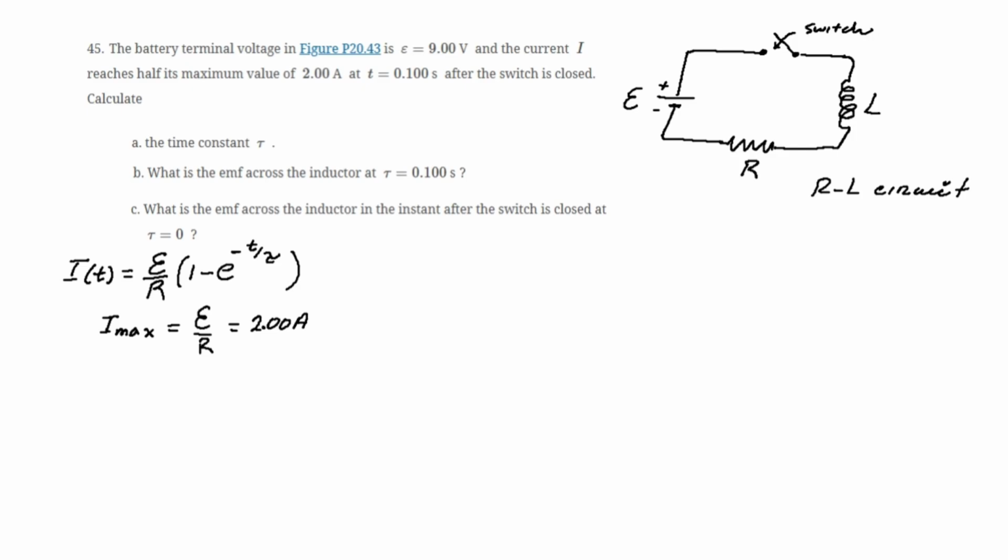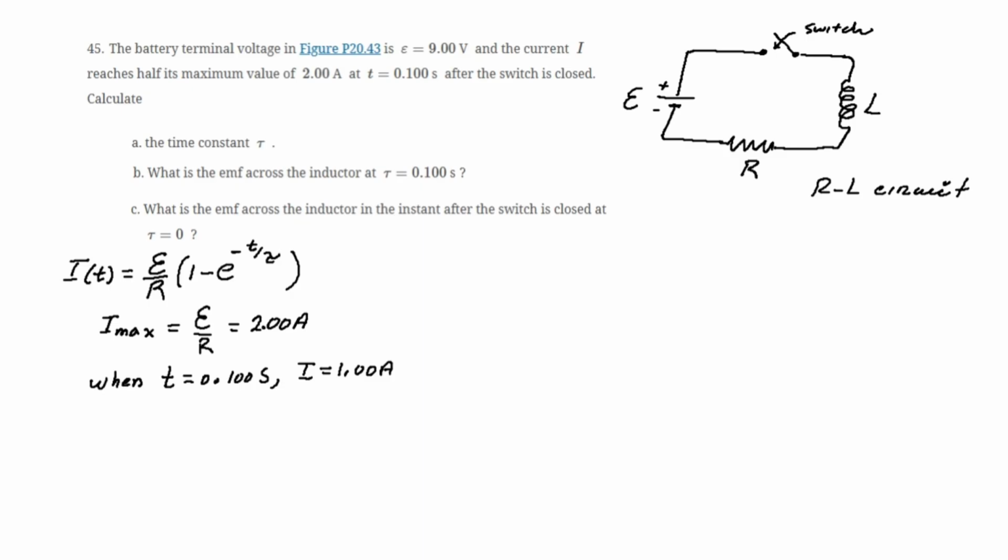Now, there is something here that is very important. They say here that the current I reaches half of its maximum value of 2 ampere at 0.100 seconds. So when t is 0.100 seconds, the current is 1.00 amperes.